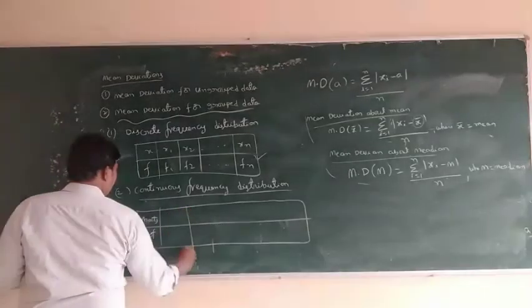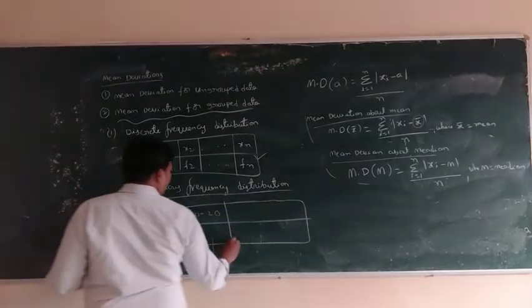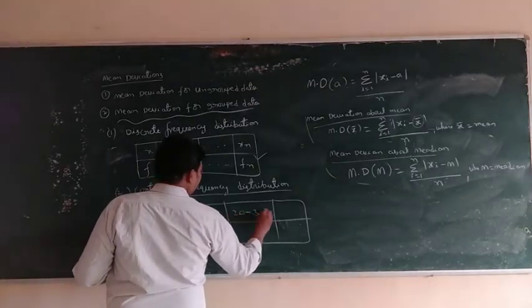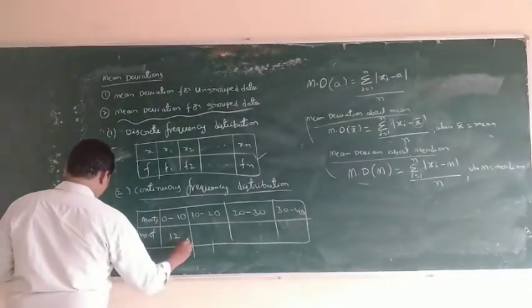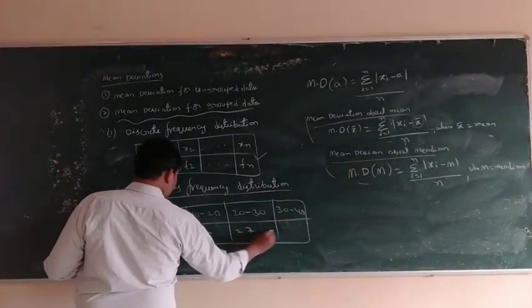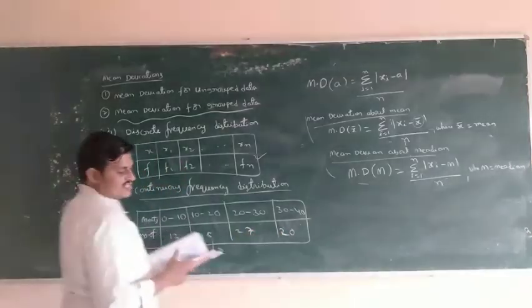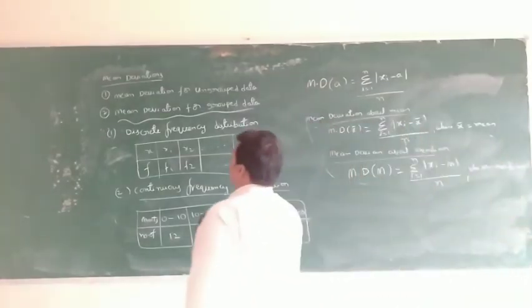Marks obtained 0 to 10, 10 to 20, 20 to 30, 30 to 40, with frequencies 12, 18, 27, 20.